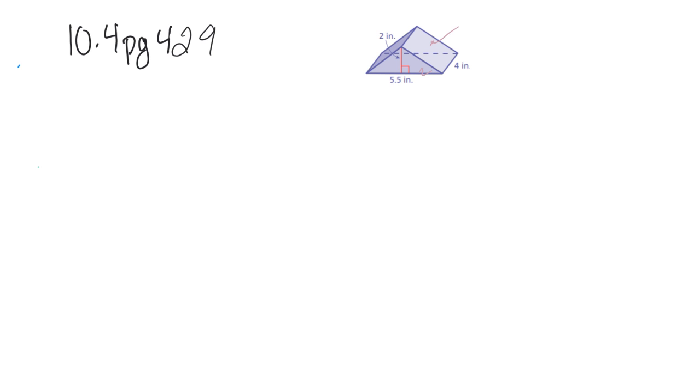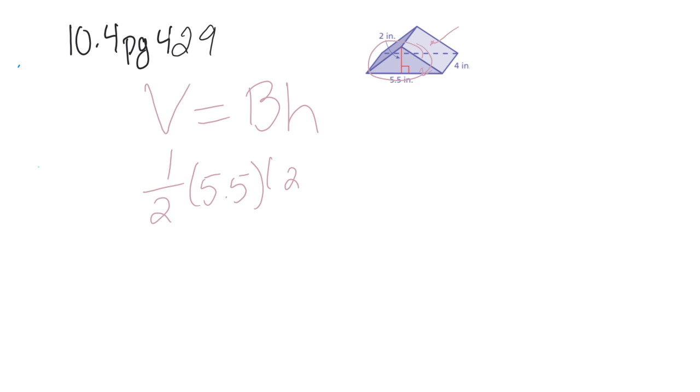So let's find the volume of this triangular prism. Remember, volume of a prism equals capital B, which is the area of the base, times height. So let's find the area of the base, the triangle. Area of a triangle is 1/2 times the base of the triangle, which is 5.5, times the height of the triangle, which is 2.